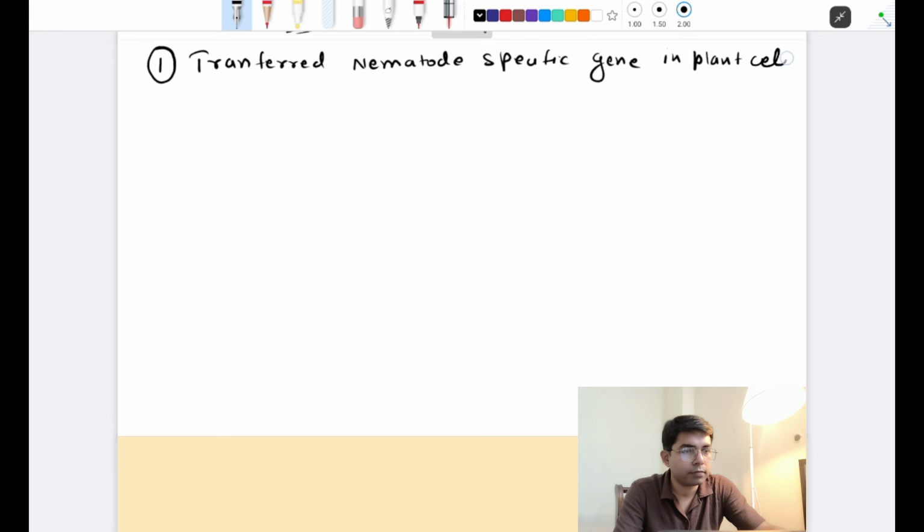Now it is very clear how it was transferred. It was transferred using Agrobacterium. And why Agrobacterium? Because Agrobacterium has the Ti plasmid. So this is the first step.